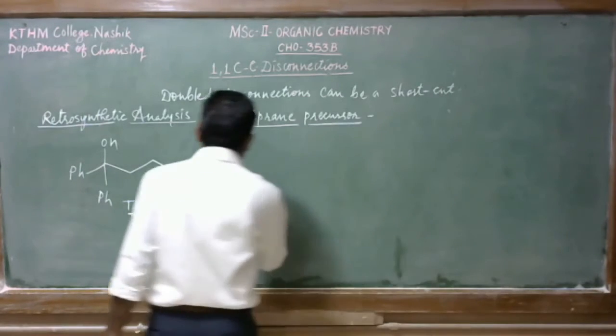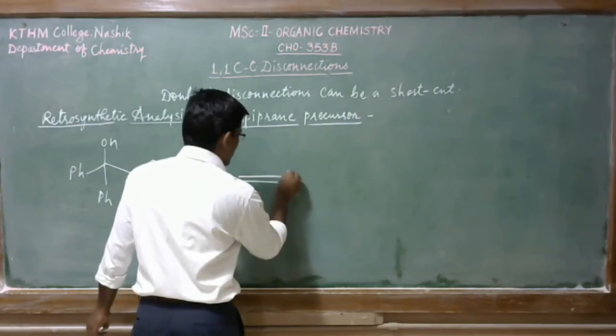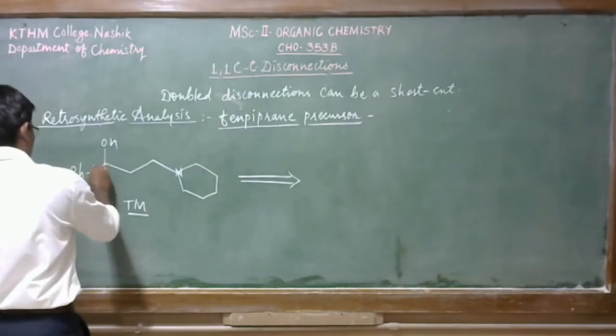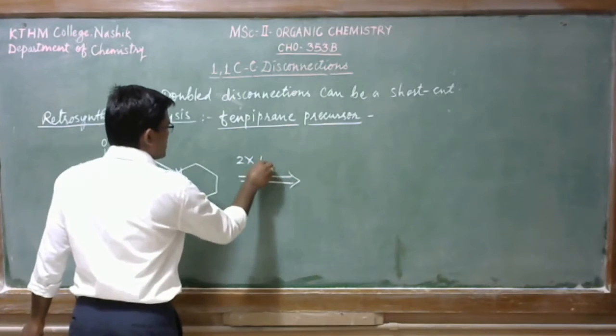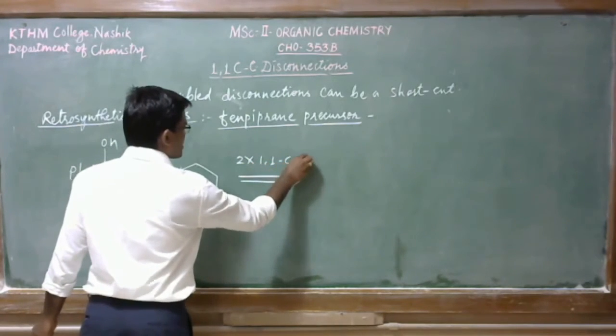So let us put this retrosynthetic arrow. We have a 2,1,1 carbon-carbon disconnection.